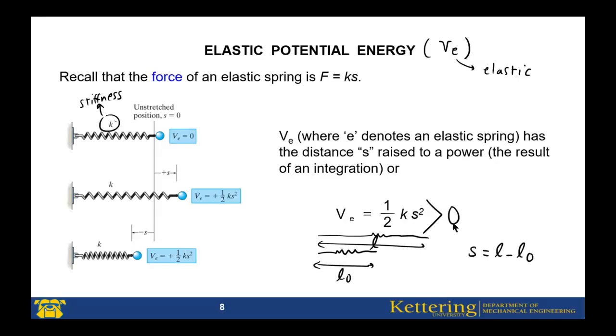The only case in which this potential energy is 0 is at the unstretched position. So a spring always has a positive potential energy. Got it? Those are easy. I think you know them all, but I have to just use them.